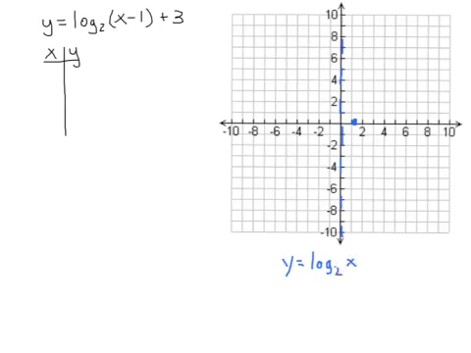So if I fill in, for example, x is 4, because I'm looking at powers of 2, it would be saying log base 2 of 4, which is 2 squared. And that exponent, 2 squared, that's saying 2 to what power is 2 squared? It's 2. So I would have the ordered pair (4, 2).